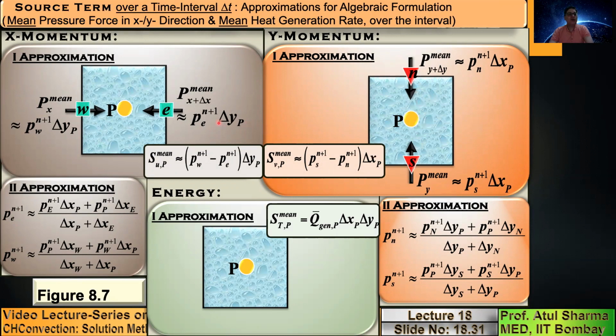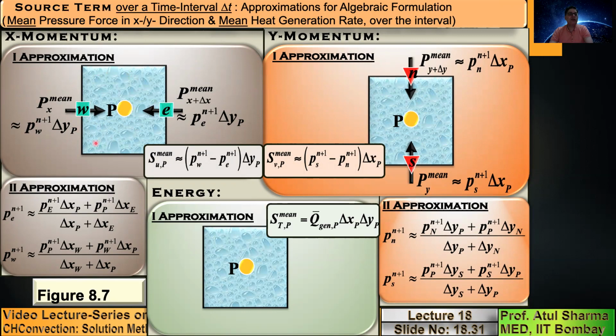Although it acts on all four surfaces, I am showing only those arrows which are needed for x momentum in this, and here I am showing two arrows which are needed in the y momentum. So as I said, pressure always acts on a surface as compressive. So the arrows here are compressive in nature, the pressure force.